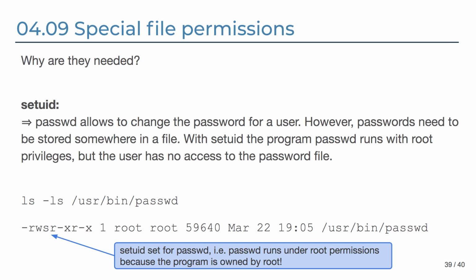So instead, there is a utility program called passwd, which you might have already used when you registered or first logged into the department machine to change your password. Only the root user should have access to the global password list. So with the set UID flag set, passwd runs as root user, but you have no access, right? And so you basically trust the program to do everything correctly on your behalf and run as another user, which is in this case the root user.